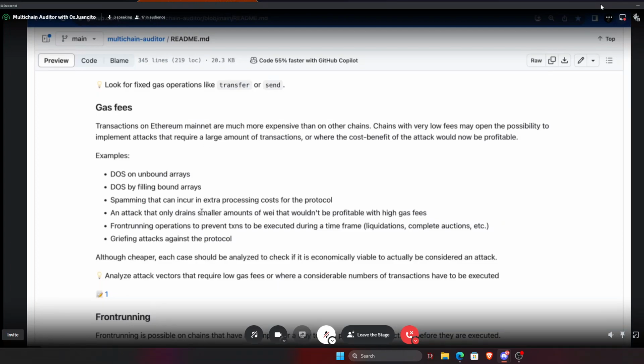And with a sustained attack, over minutes, hours, or even days, you might find that it's still viable economically. So that's another thing you might want to be mindful of. Lower gas fees enable this kind of attacks that might not be possible, or they might be possible, but very expensive to execute on Ethereum.